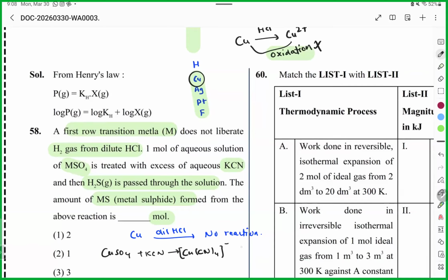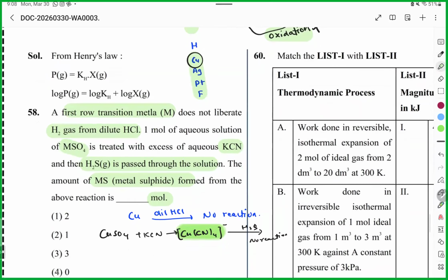And when this reacts with H2S, there is no reaction. Why no reaction? Because this is a complete coordination compound. In a coordination compound, copper is not free. Then the answer will be 0. Any doubt?